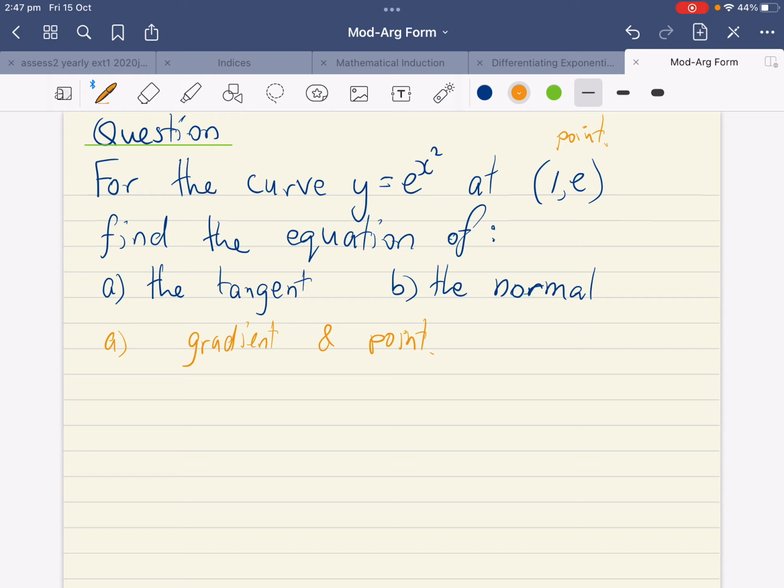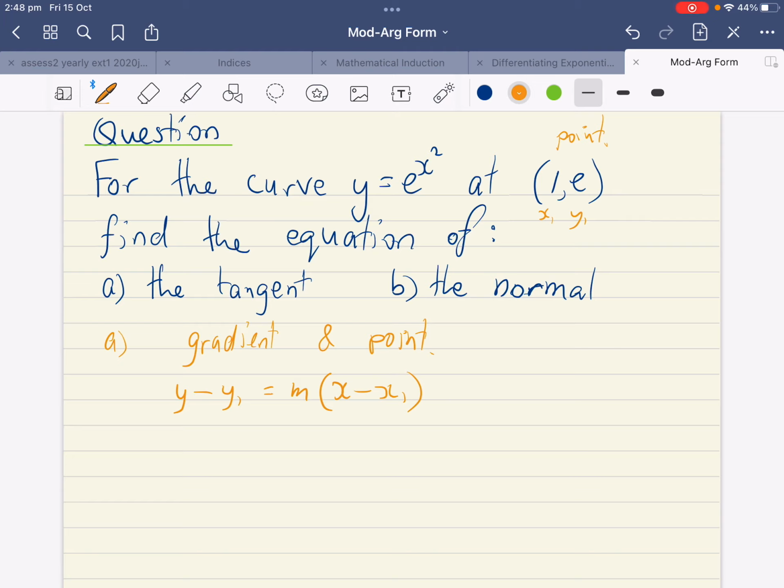That means the only thing we need to find here is going to be our gradient, right? So remember, to find the equation of a line, you get the gradient, you get the point, and then you put it into the point gradient formula. That is y minus the y value will be equal to the gradient outside of x minus the x value, where the x value and the y value are the x and y values of the point.